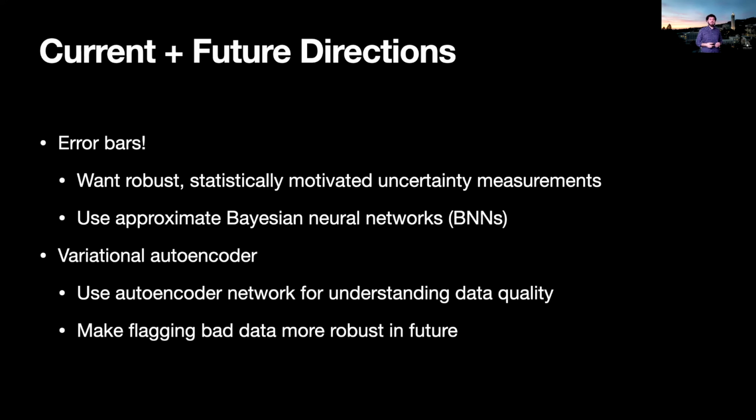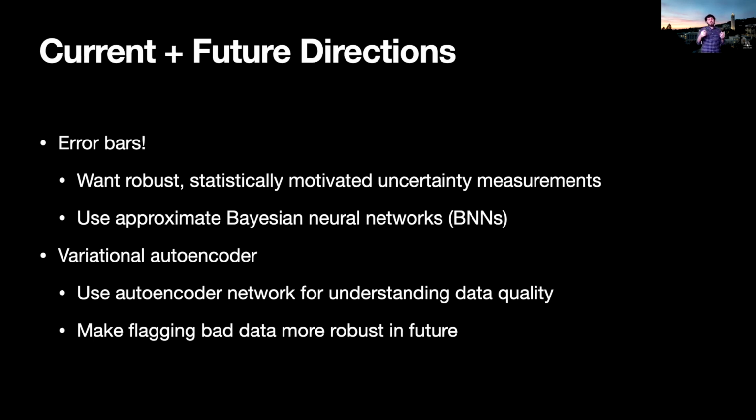It's not necessarily easy to do with neural networks, but there's been a lot of research recently in using what are called approximate Bayesian neural networks, or BNNs, which give you statistically motivated error bars. You treat some of the points in your network as distributions rather than discrete points, and by propagating those distributions, you get nice error bars at the end. So I'm looking at this to give us good error bars.